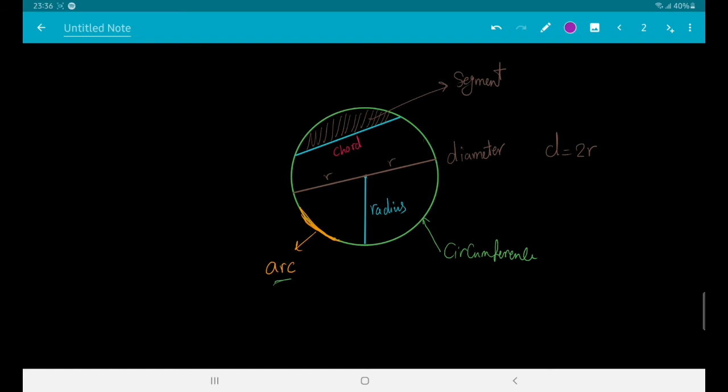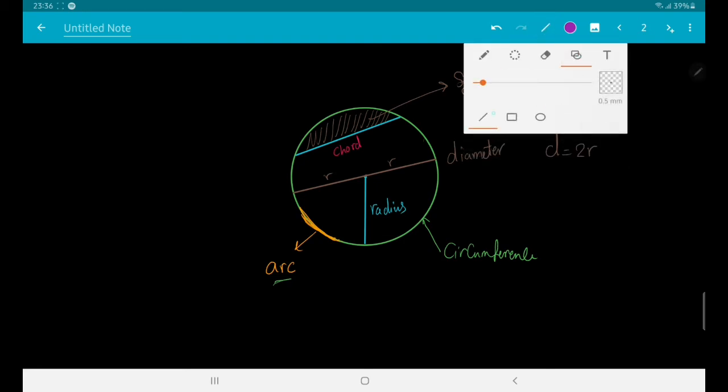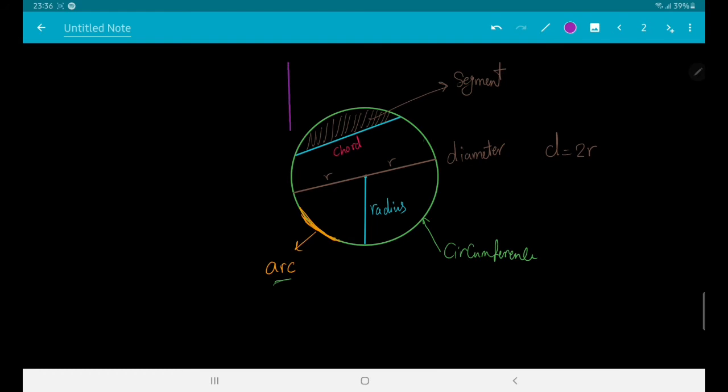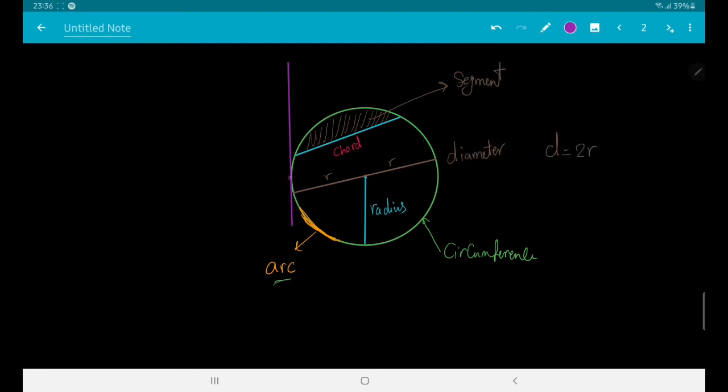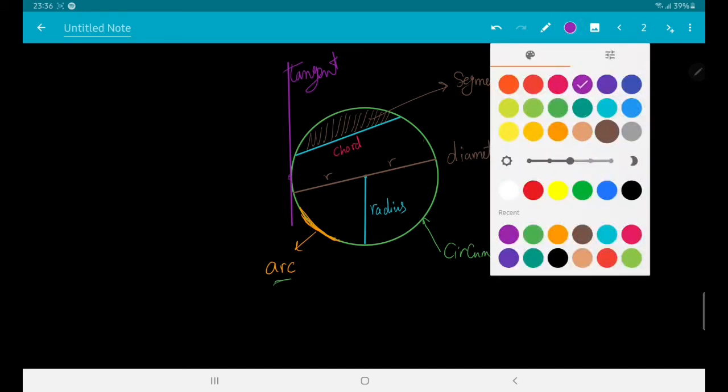Next, we have the tangent. The tangent is the line that touches the circle from outside. As you see, this one touches the circle from outside here. We call this a tangent. In the same circle, we have something else.